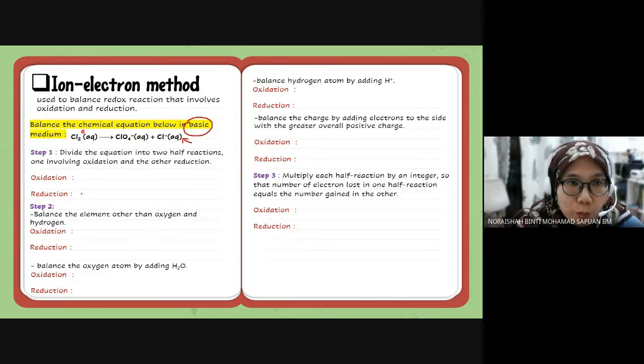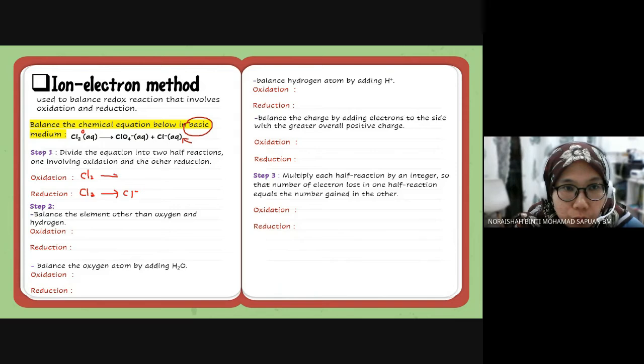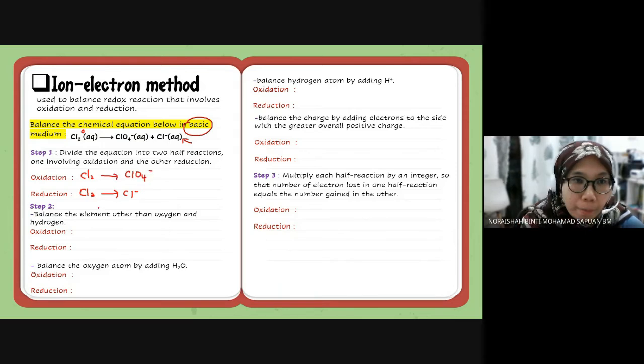Okay, kita tulis dia punya persamaan untuk reduction. Cl2 form Cl minus. Lagi satu Cl2 form ClO4 minus. Okay, so dekat sini obviously nampaklah reduction daripada 0 form negative 1. So kat situ kita nampak penurunan nombor pengoksidaan. So maksudnya the other half tu adalah oxidation reaction.